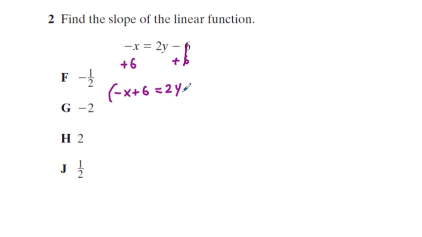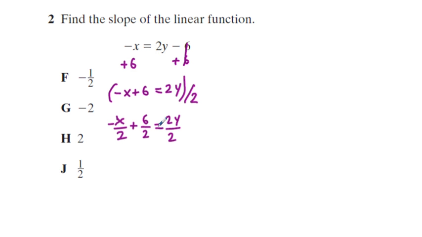And next, if we divide this equation by 2, we're going to get negative x over 2 plus 6 over 2 equals 2y over 2.